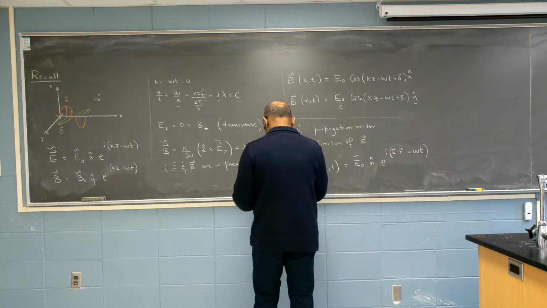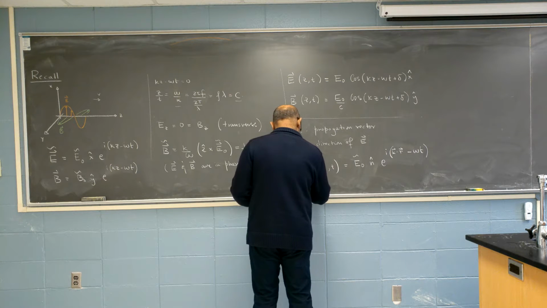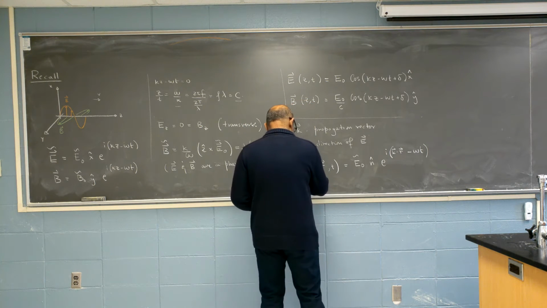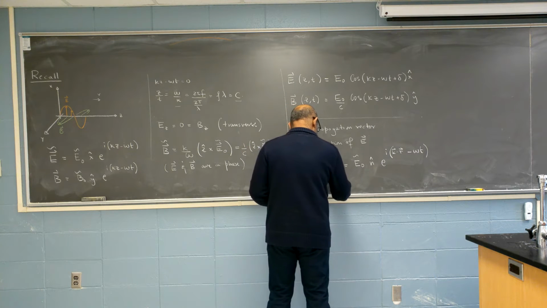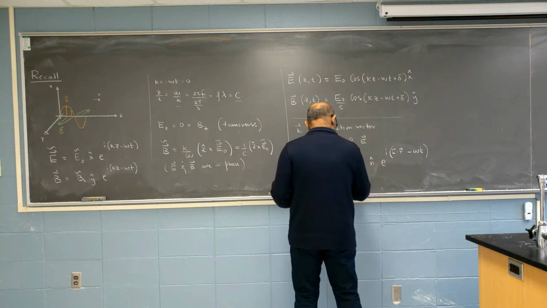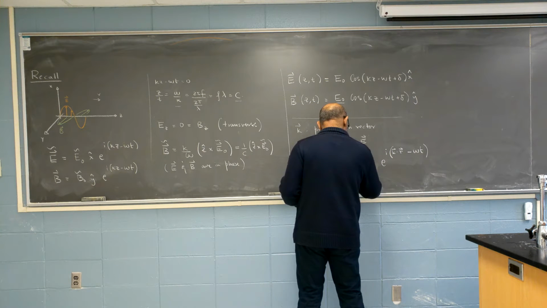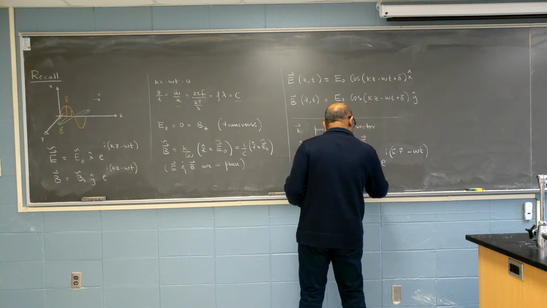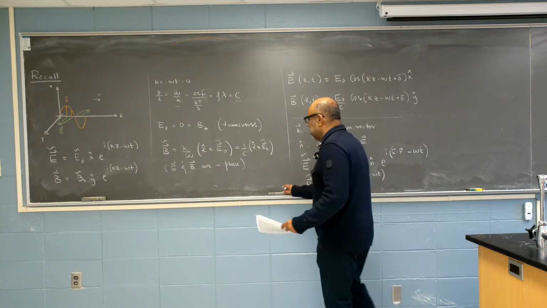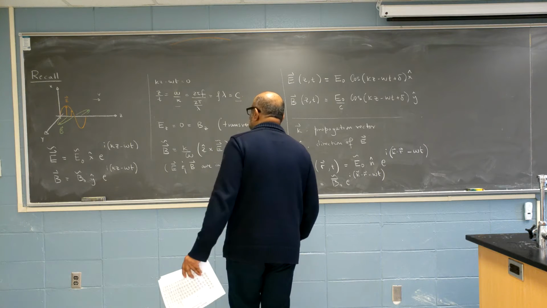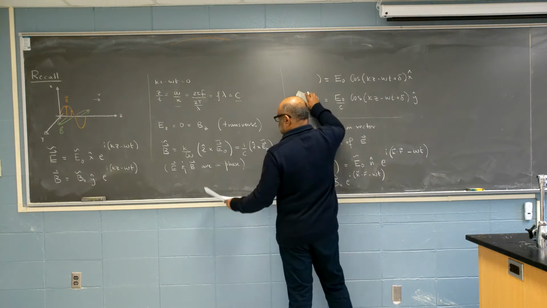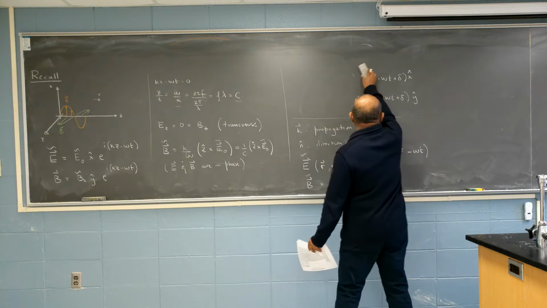Okay, and similarly, I would want an expression for B, and B would be equal to B0 e to the i(k dot r minus omega t). But let me hang on to this expression.